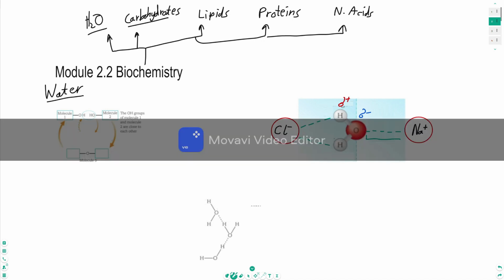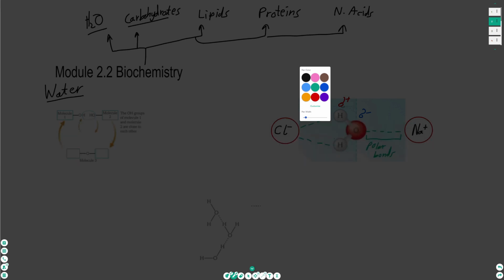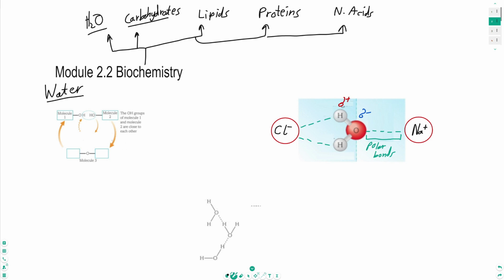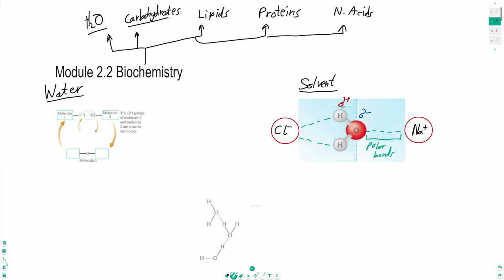These are what we call polar bonds. And this is what makes up one of the properties of water. One of those properties is that it's a good solvent. Because water is able to form these polar bonds with ions in the solute or the salt, it makes it a very good solvent.